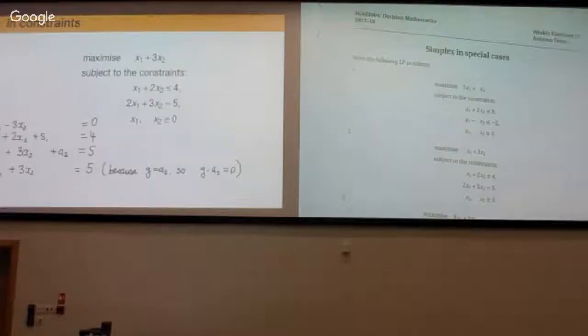Set the artificial variable: if I add G minus A2 equals 0 with this, I get G. So what you do in this problem is in the first stage you do what you always do: minimize G, and if you get to 0, you move on because you found a feasible solution. And if not, then you haven't found a feasible solution and there is none.